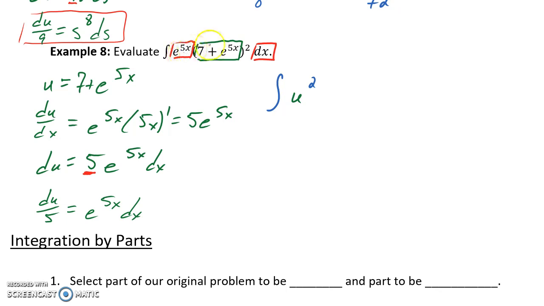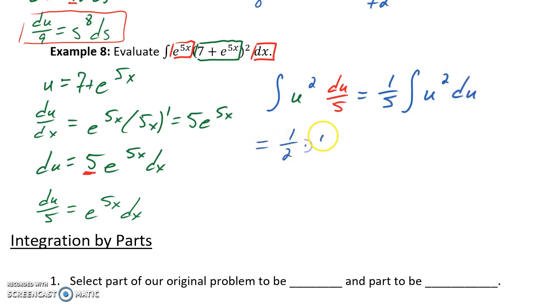And then again, in place of e to the 5x dx, we'll be substituting du over 5. We can bring that factor out front.